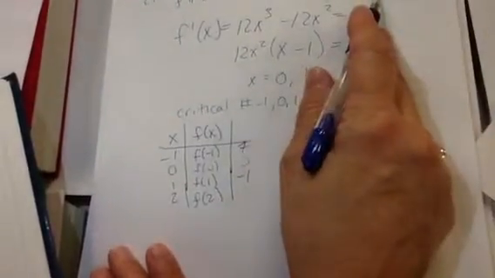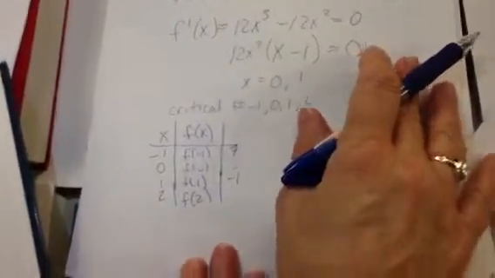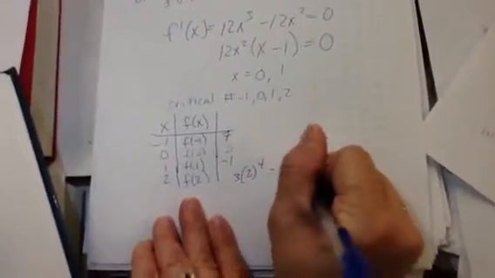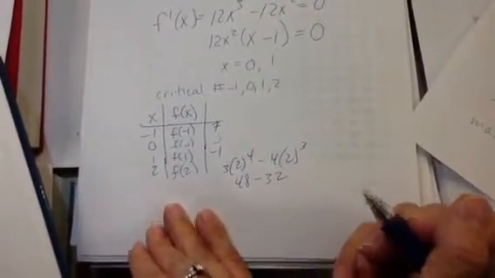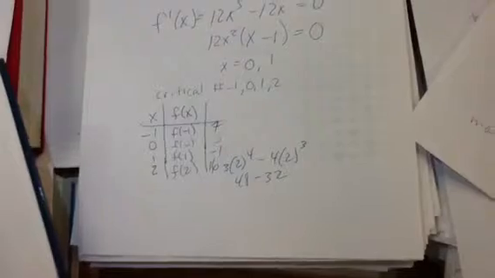They're my endpoints. They told you. So if I plug in 2, I get 3 times 2 to the 4th, minus 4 times 2 to the 3rd, 48 minus 32, 16. All right, which one in this closed interval is your maximum? 16.